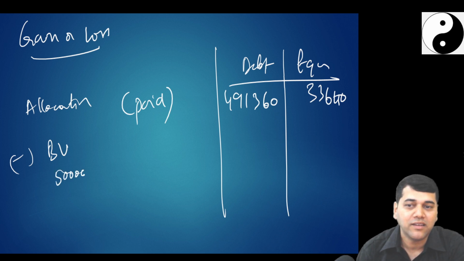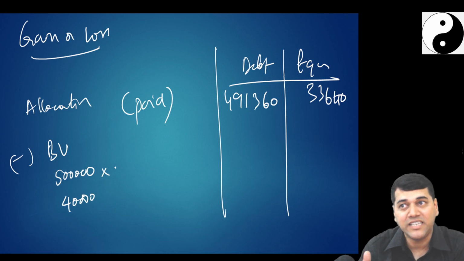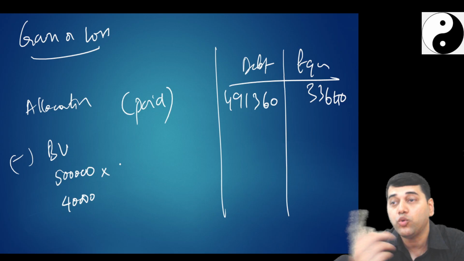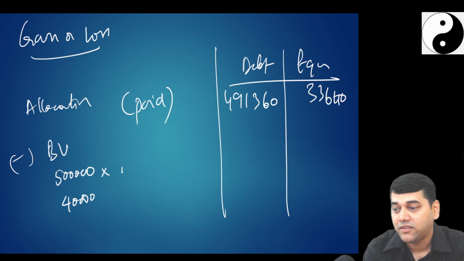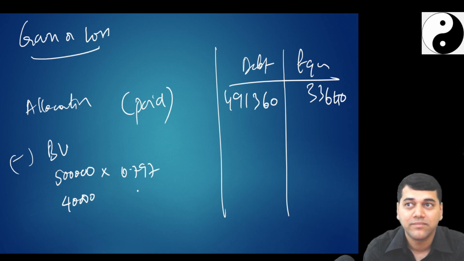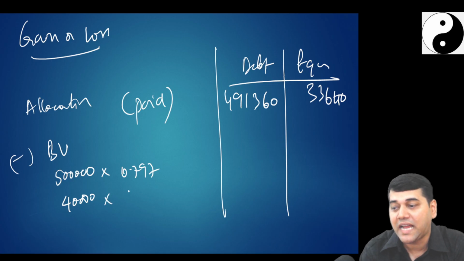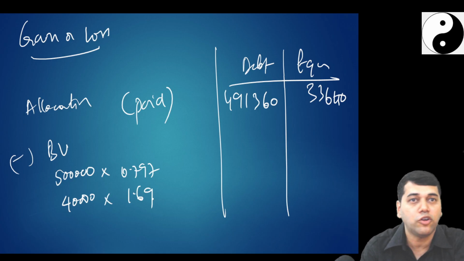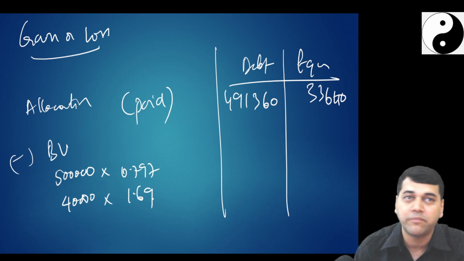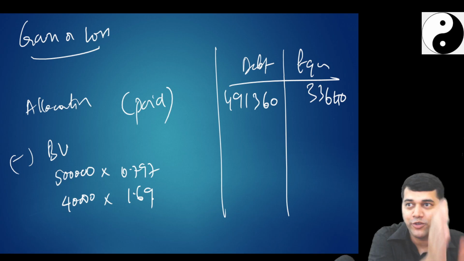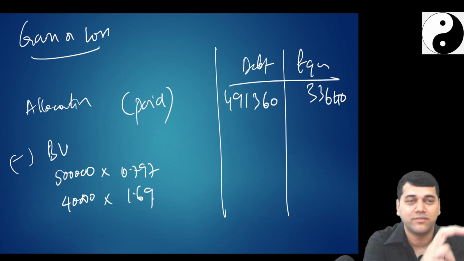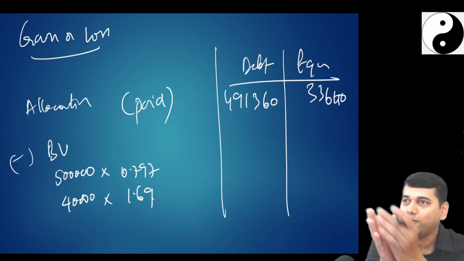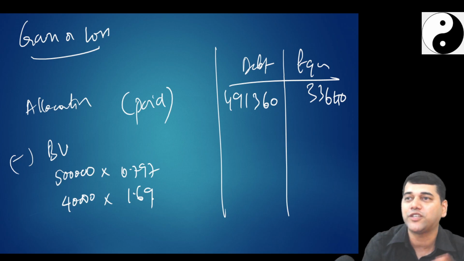You have got 5 lakh and you have got 40,000 for the next 2 years, into present value factor at 12%, 0.797, into present value factor at 12%, 1.69. Is it not going to give you the book value at any point of time? You remember the last column I used to show you. This balance is nothing but the future cash flows. In an amortization schedule, the opening balance itself is the present value of the future cash flows. No?